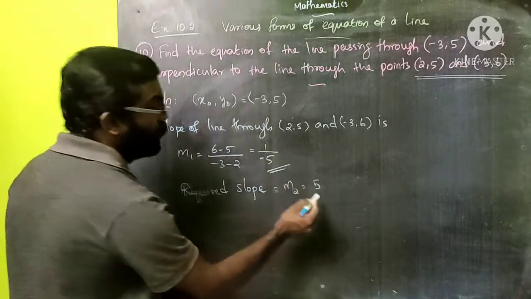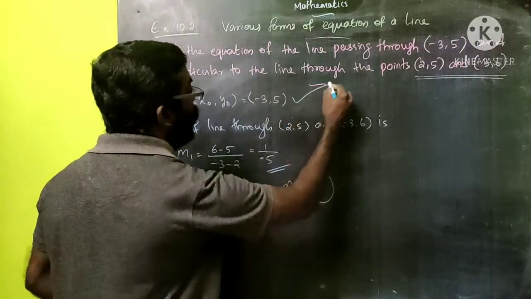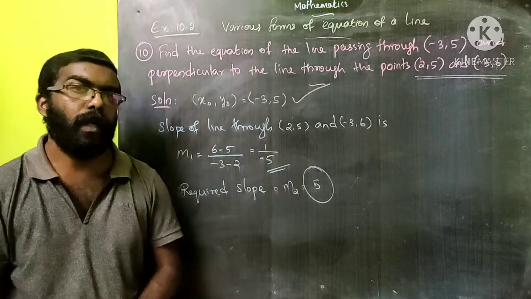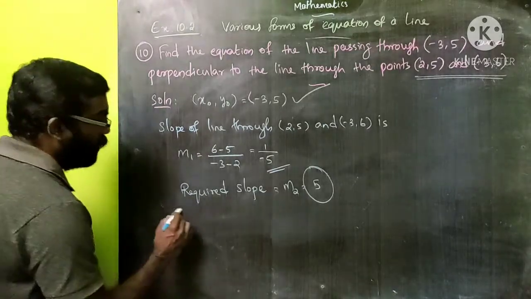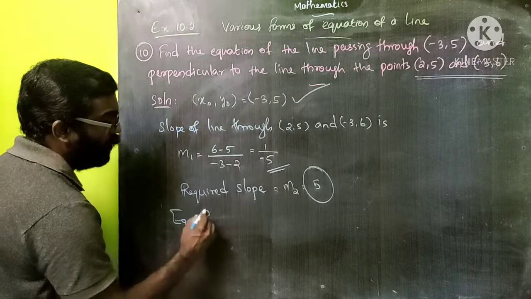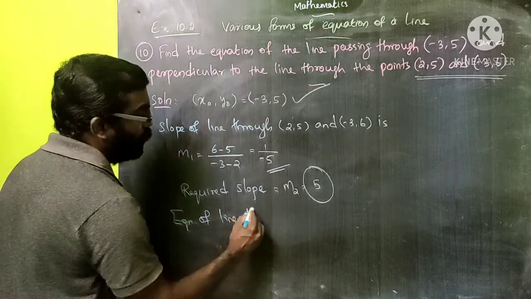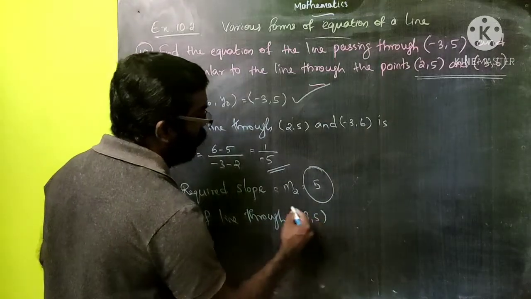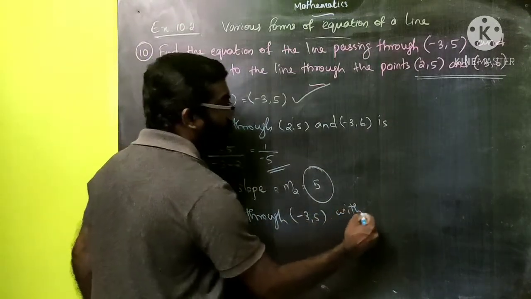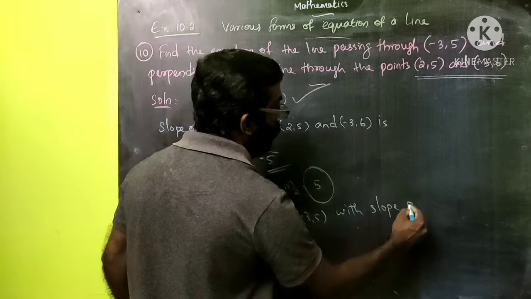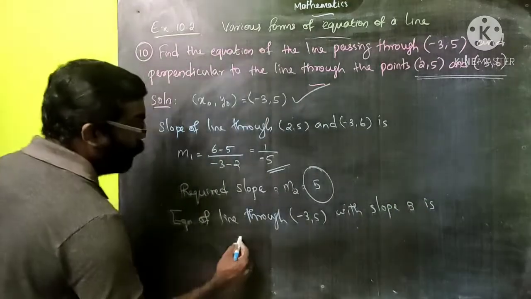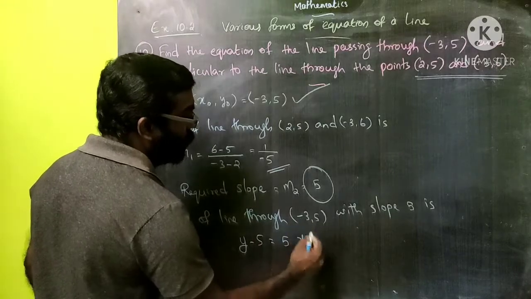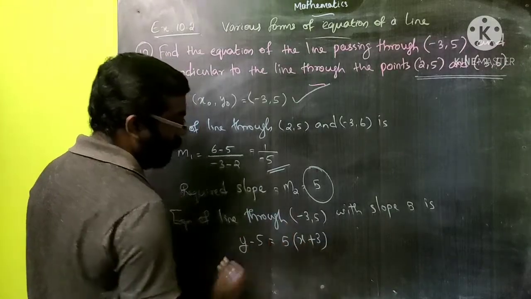Okay. Now using this slope and this point, we can easily write the equation of the line. So here we can write the equation of the line through minus 3, 5 with slope 5 as y minus 5 is equal to 5 into x minus of minus 3, that is x plus 3.